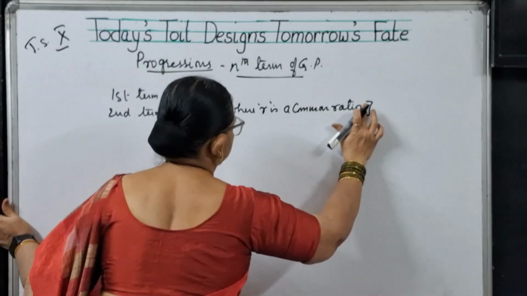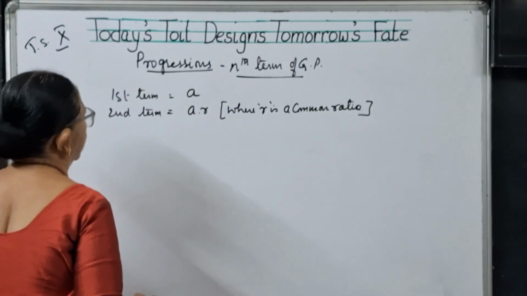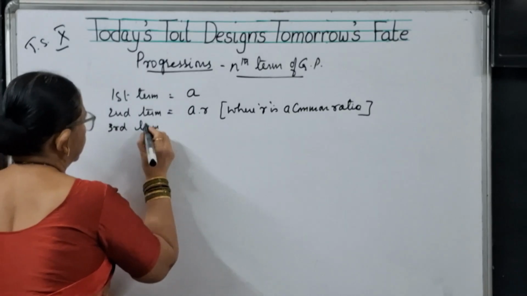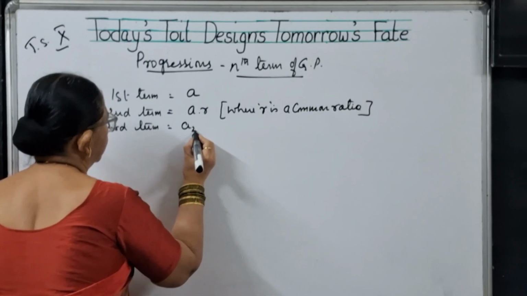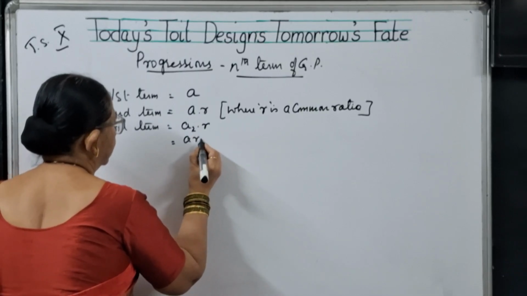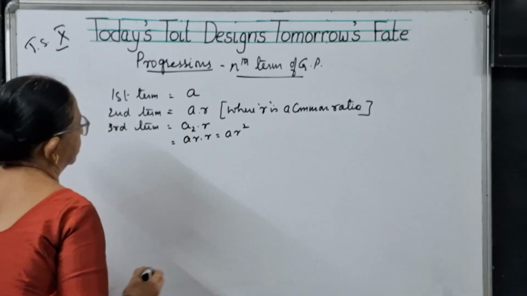Then what is the third term? The third term is the second term, that is A2, into R. That is AR into R, that is AR square.